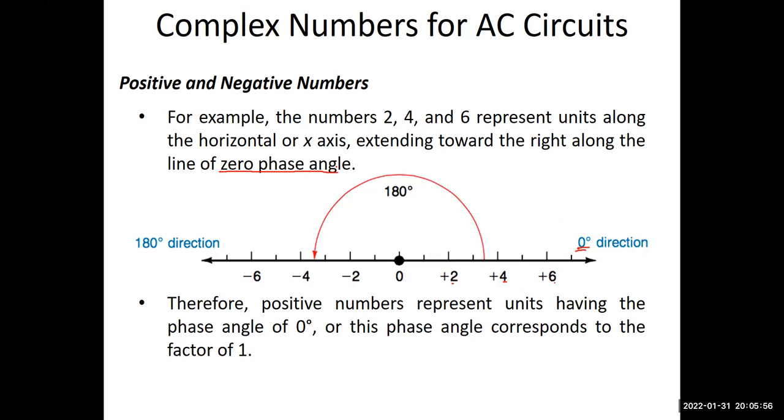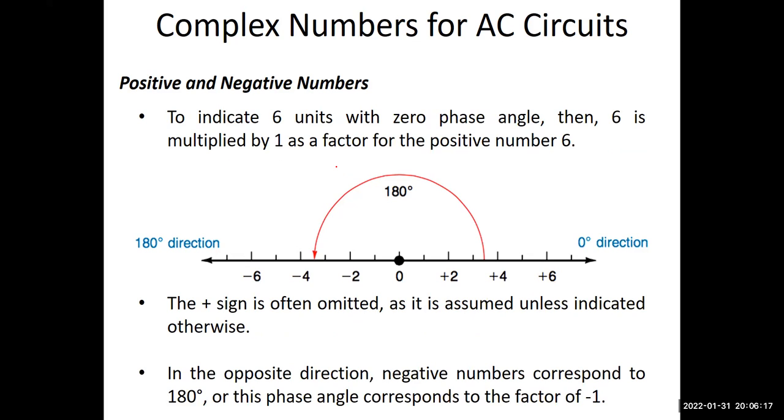Therefore, positive numbers represent units having the phase angle of 0 degrees, or this phase angle corresponds to the factor of 1. Later on we will know bakit naging factor of 1.